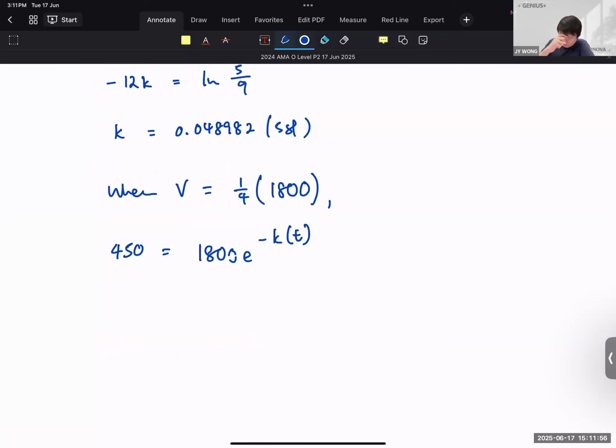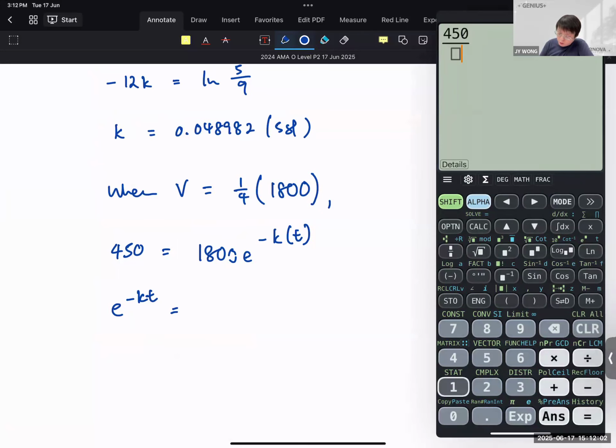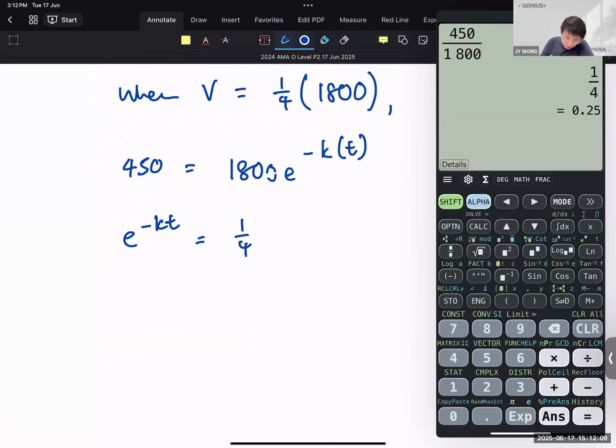And therefore, e to the power of negative Kt is equal to 450 out of 1800, which is 1 out of 4. Therefore, negative Kt is equal to ln 1 out of 4.